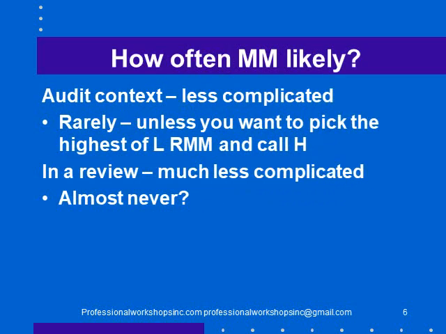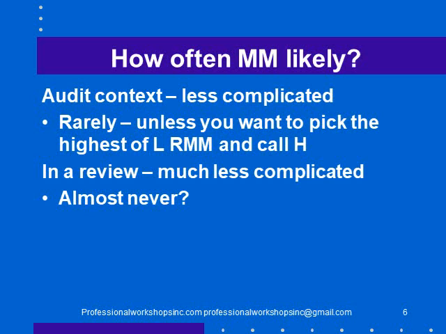Now, how often is material misstatement likely? In an audit context, if we're dealing with less complicated entities, rarely. Often you will do an audit and every component will be low risk of material misstatement. Now I do see some people go, oh, I can't do that. I should pick 3 or 4 and call them high.